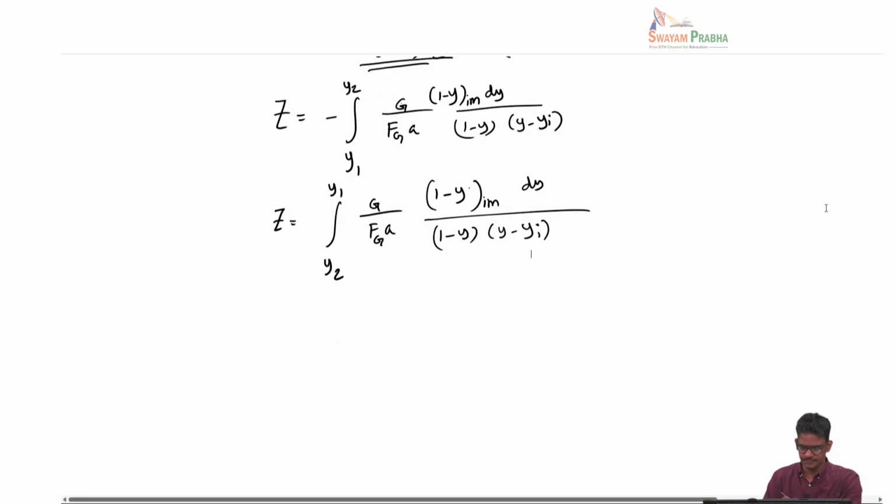Now we can define this term HTG as G by FGa. So z becomes integral y2 to y1 HTG times (1 minus y)lm over (y minus yi) dy.